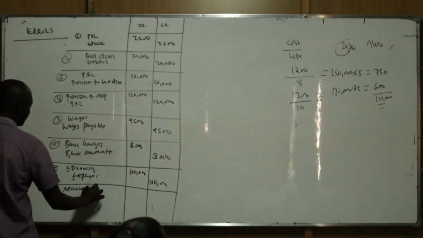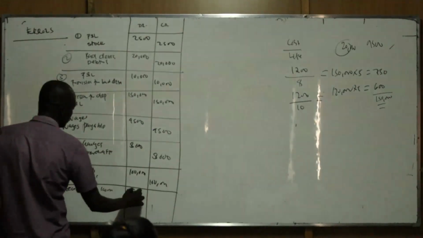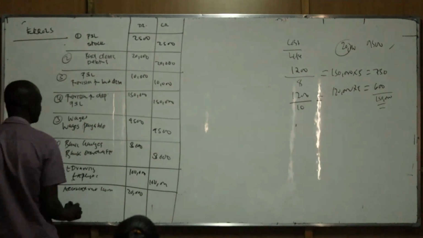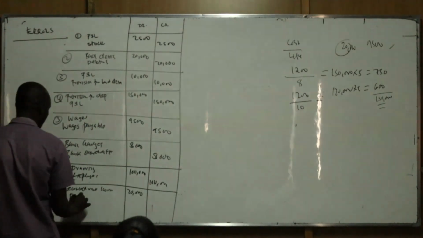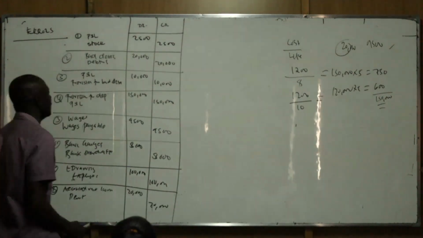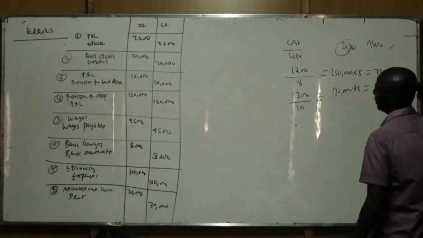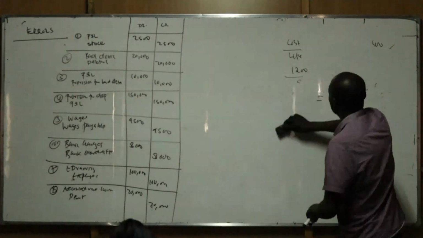How much? 20,000. And you credit rent income, 20,000, isn't it? That is how we extract those errors and omissions.